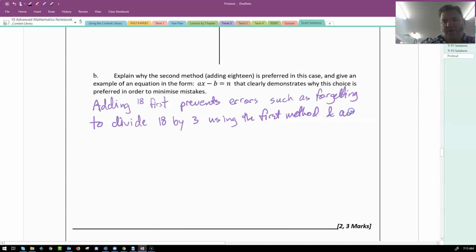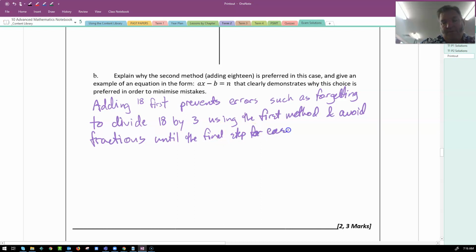And avoids fractions. Pen playing up a little bit there, sorry about that. And avoids fractions until the final step. For ease of calculating, that will do.